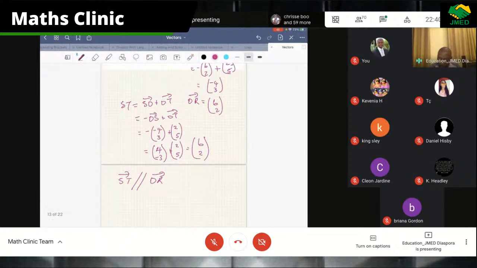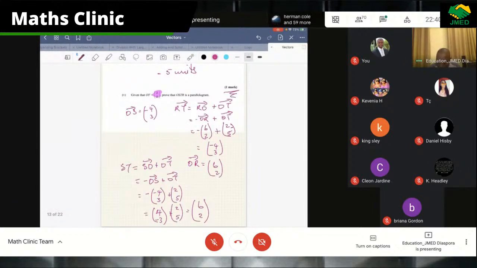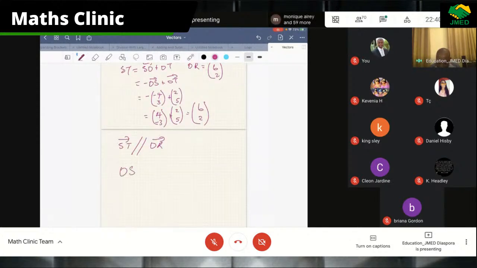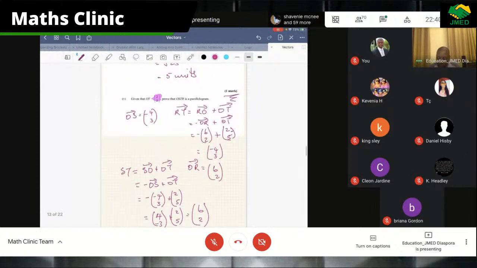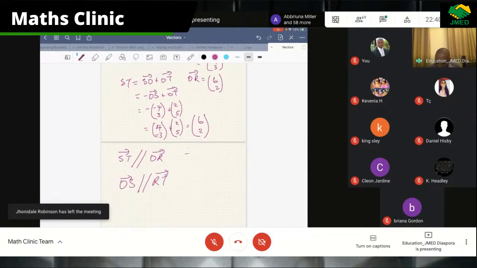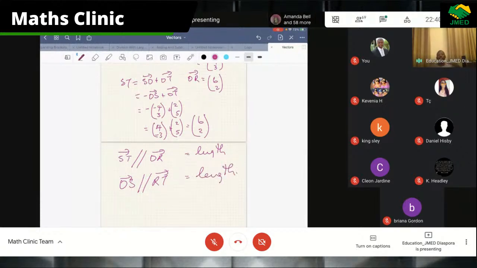And I'm going to also say that OS is parallel to RT. So OS is parallel to RT. And so that's what we have. Because they are parallel, and not only that, they are equal in length, for both of them. Remember, with a parallelogram, opposite sides have to be equal.